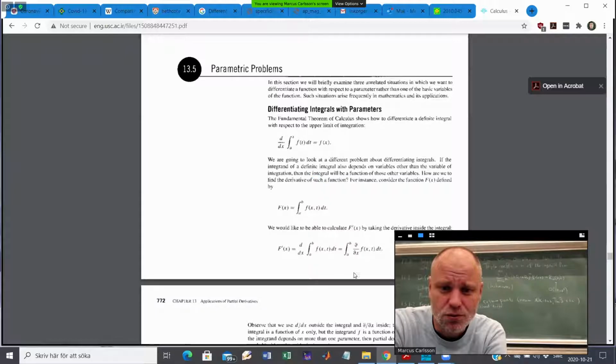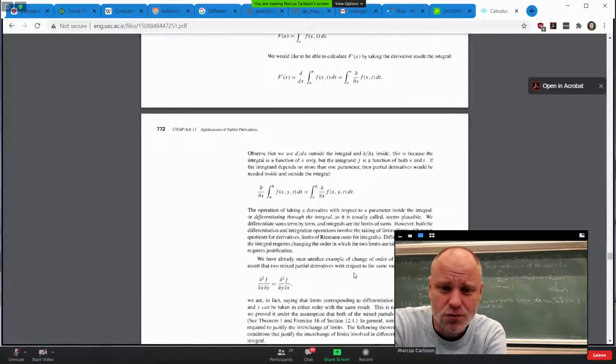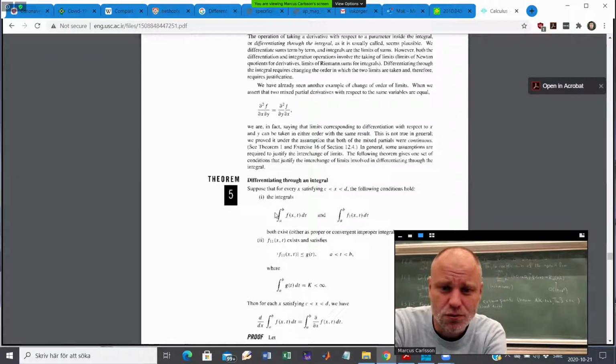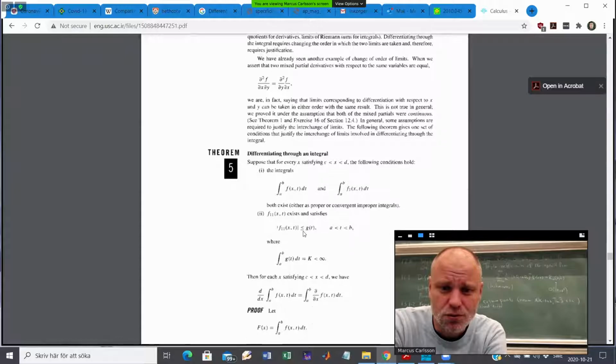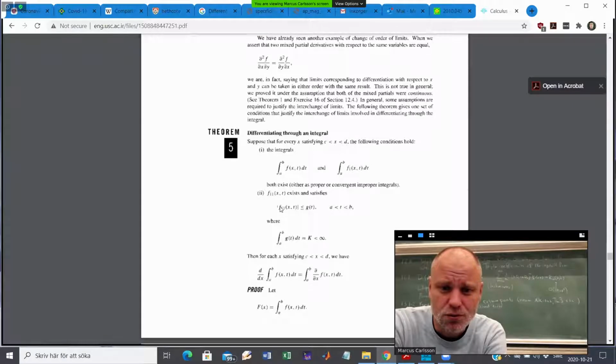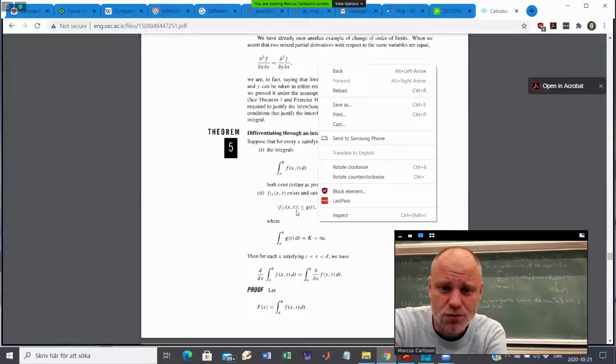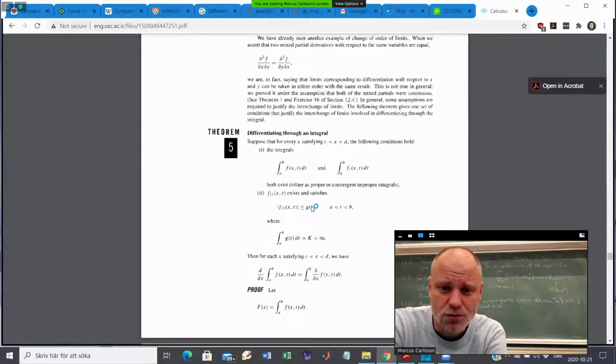There is this nice proof also about when you're allowed to take the derivative from outside and move it on the inside. And the theorem says that you should check that the second derivative in some strip is bounded by a function.